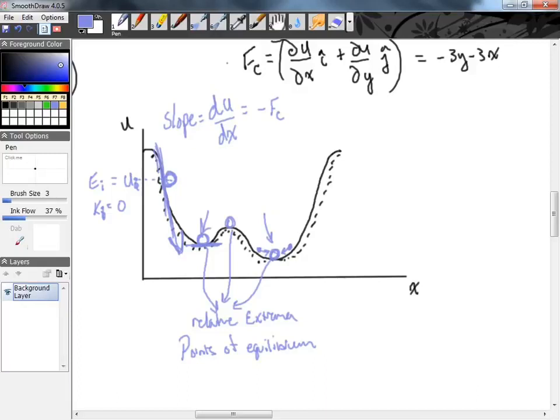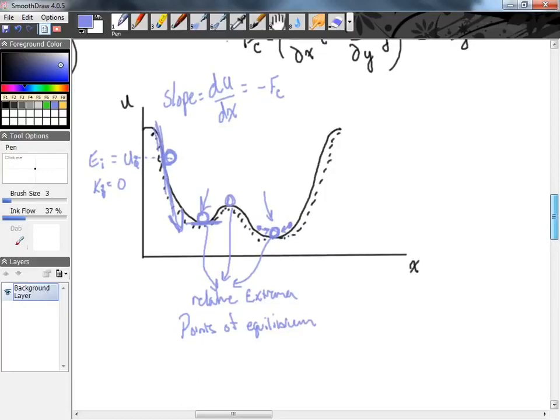How can we determine, mathematically, these points of relative minimums? We take the second derivative, and we do a concavity test. How do we determine whether something is concave up?